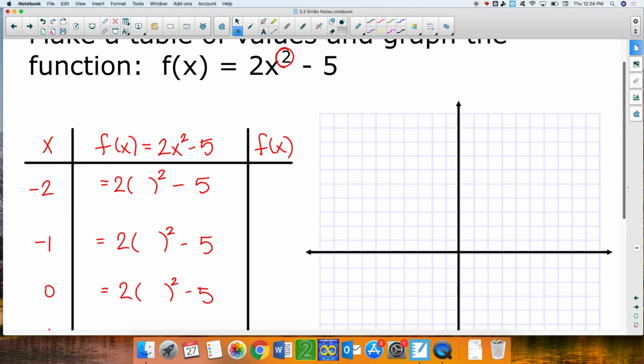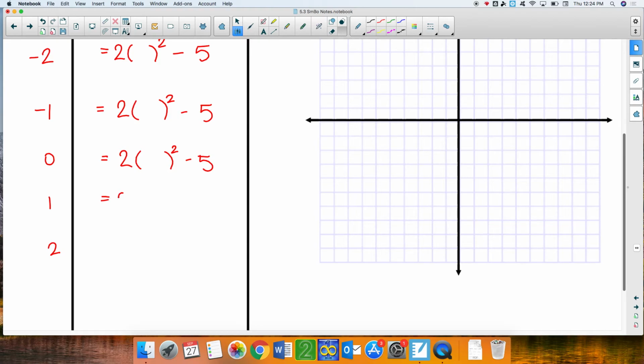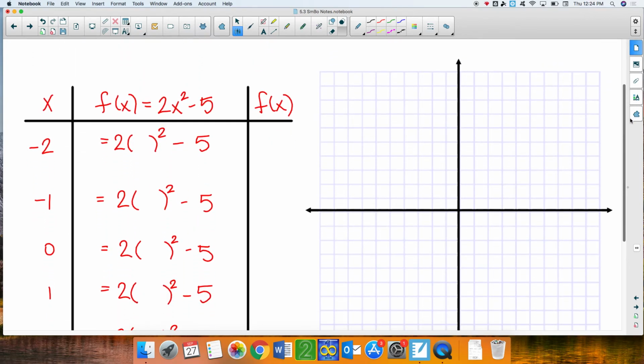All you're going to do on your calculators is just change the number that you are plugging in, your input number. If you do not use parentheses on your calculator, you are not going to get the correct answer. You have to make sure you're plugging it in parentheses.